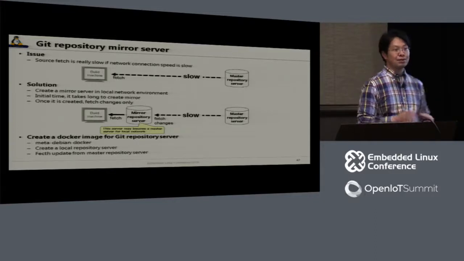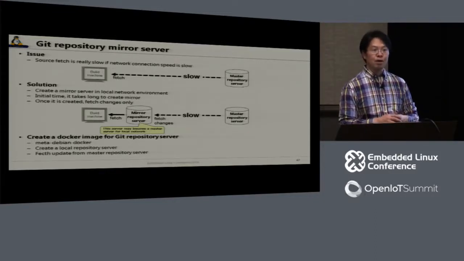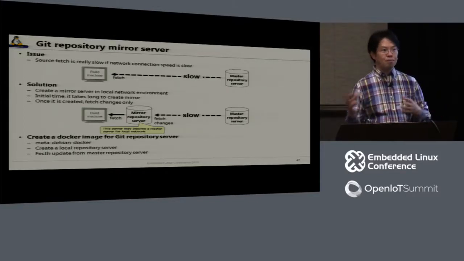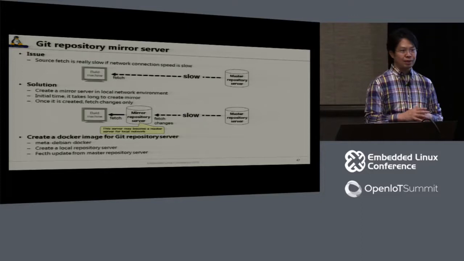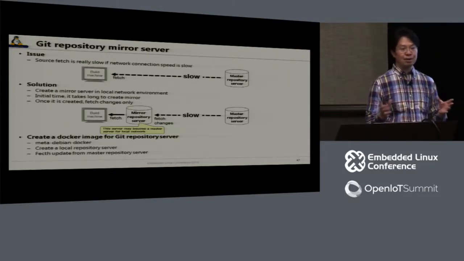So you can create a Docker image for Git repository servers. This one is called meta-debian-docker. This is a collection of Dockerfiles and scripts to create a mirror server on your local machine. If you or your company want to create this kind of mirror server, it's now quite easy.